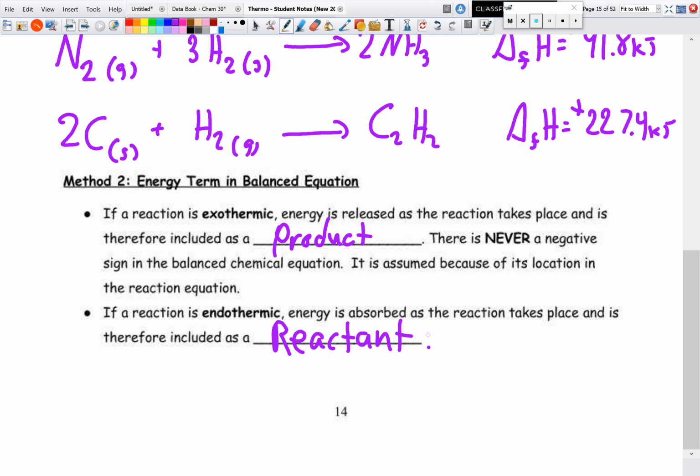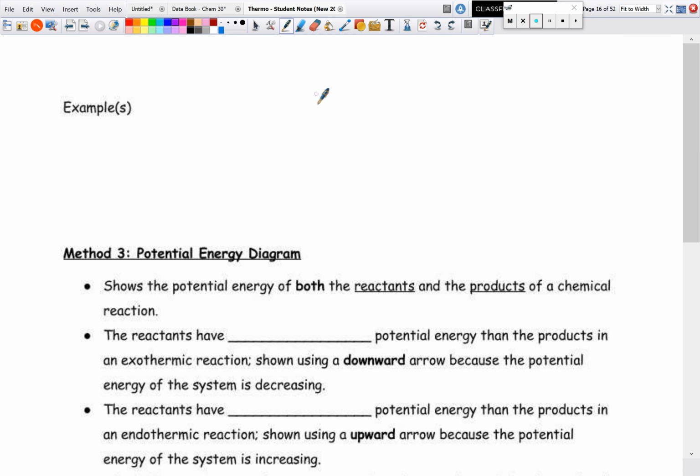One little thing as well: because here we are using the sides, we never, ever write a negative sign or even a positive sign. We just write them on the side of the equation that they occur in. For example, using our exact same two as before, our formation of ammonia was exothermic, so we write the energy value as a product.